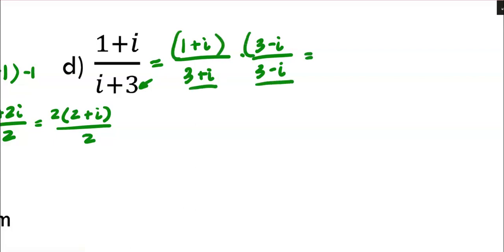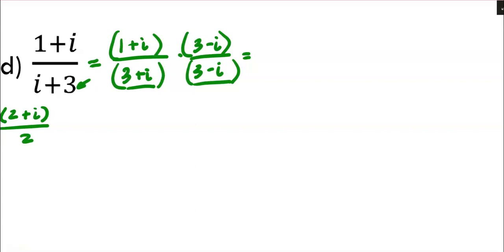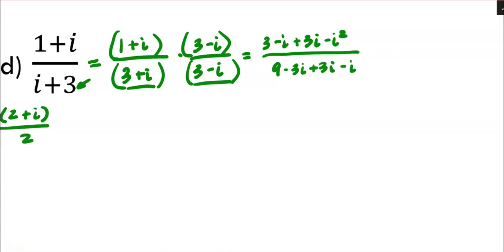And then once you do that, go ahead and FOIL. So 3 minus i plus 3i minus i squared. 9 minus 3i plus 3i minus i squared.